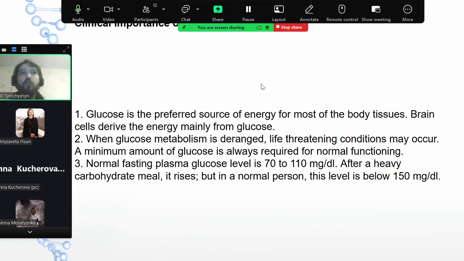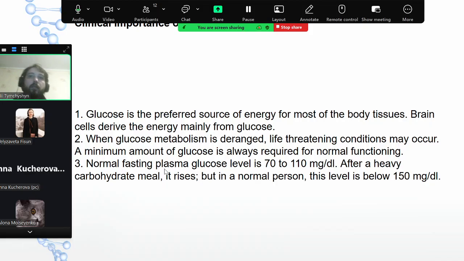I will not get into that, just know that there is this sort of workaround, but mainly from glucose. And the main organ that takes, I guess, most of the glucose from your bloodstream is the brain. Of course, when glucose metabolism is deranged, it leads to life-threatening conditions. So definitely, nobody would like that.